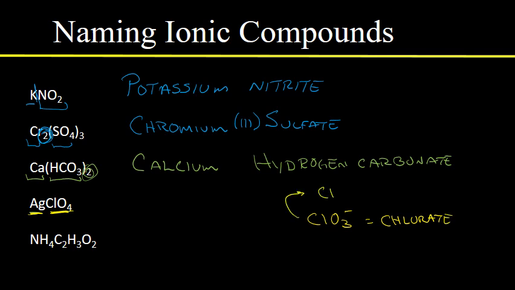And so that means if we go up 1 in that table, add an oxygen, then we get perchlorate. Right? So our cation is silver, and our anion is perchlorate.